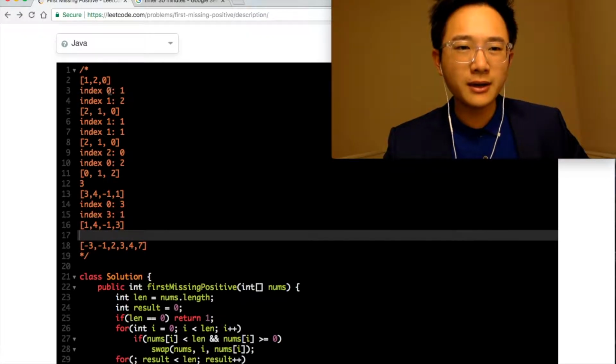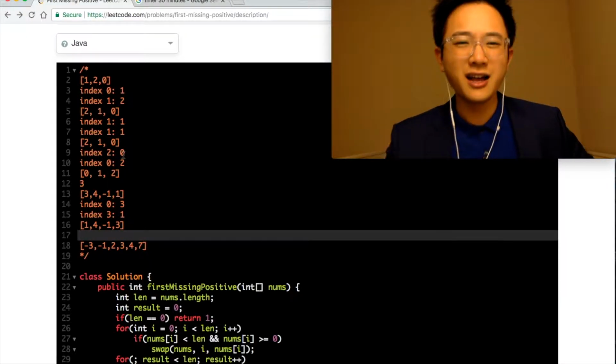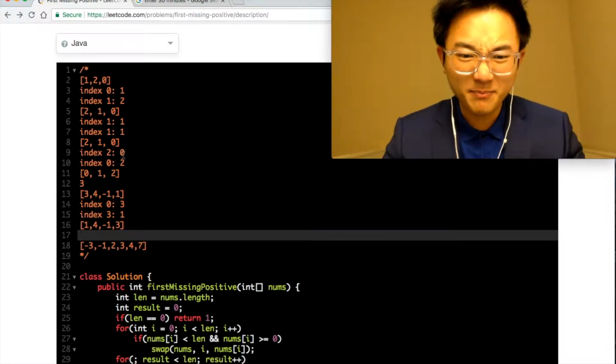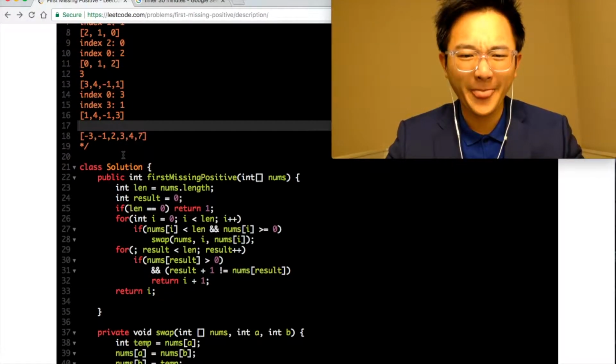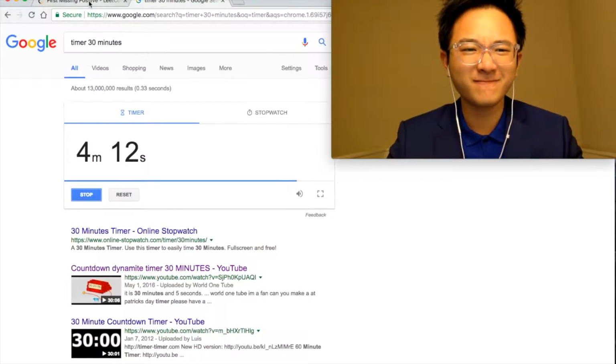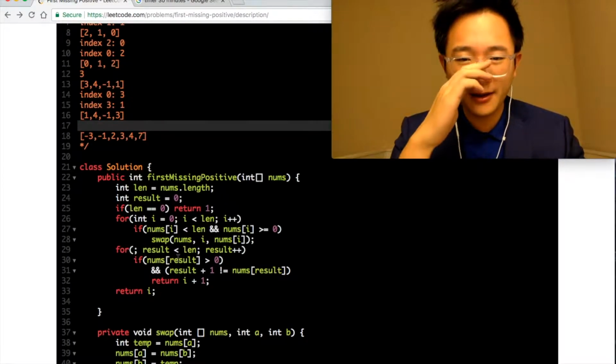So what if index is 0, we do 1 and 2, we swap them, and then when we reach 1, 1 to 1 with 0 to 0, we don't care about 2, 1. My mind is bugged. Okay, all right, let me sort this out.